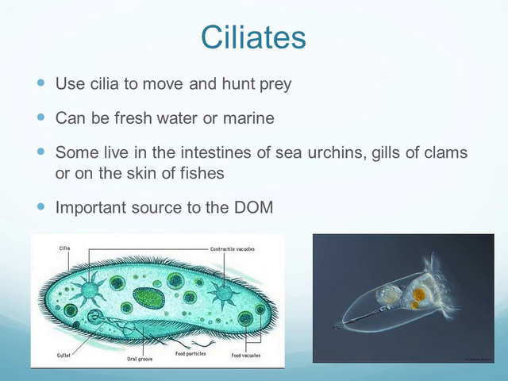So both parties are not benefiting from this relationship. And ciliates are a very important source of dissolved inorganic matter. A lot of the nutrients that go back into the ocean are from these guys right here.